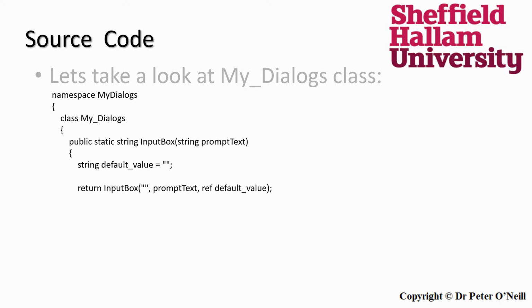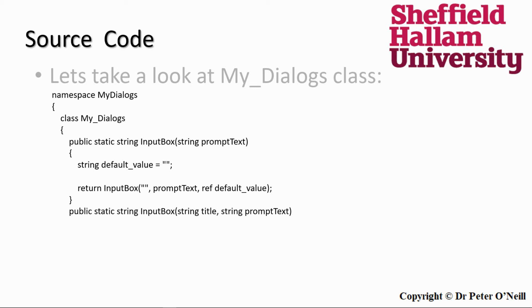Then a default value, and then a return that calls another InputBox. Now notice the first one is public static, and in fact the second one is also. So notice that each of the methods are public static strings.